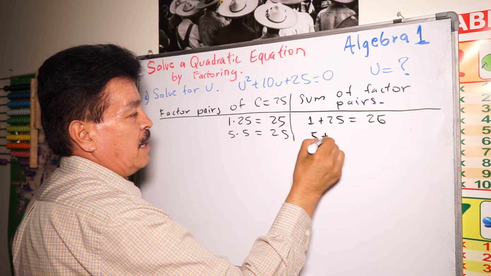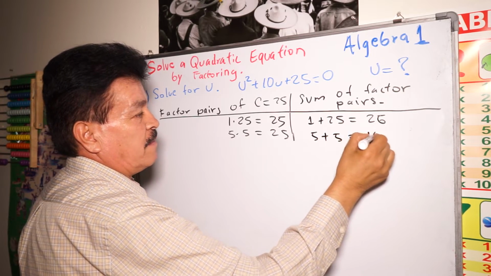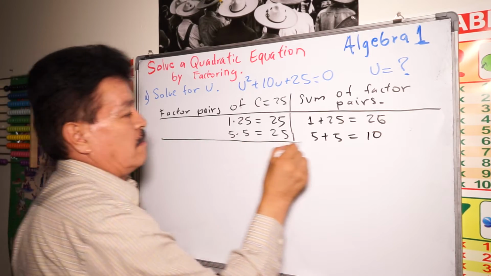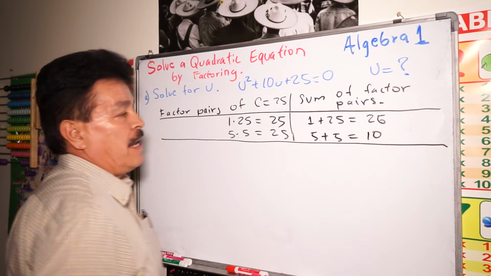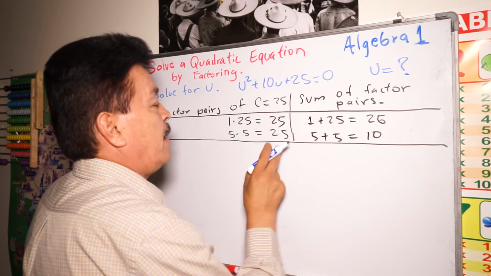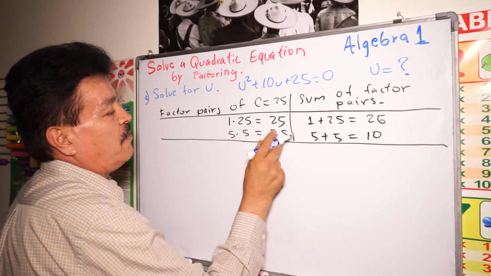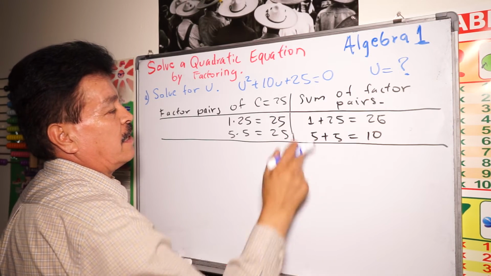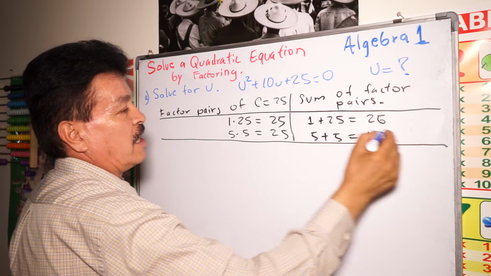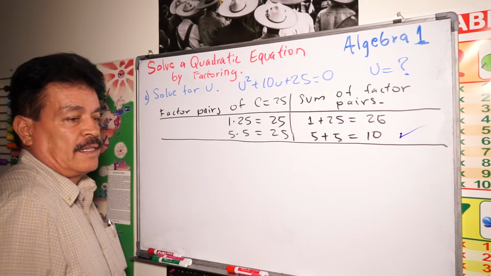Here 5 plus 5 equals 10. Now the right answer, look at this: 25 is c and here b equals 10. So this is the right one.